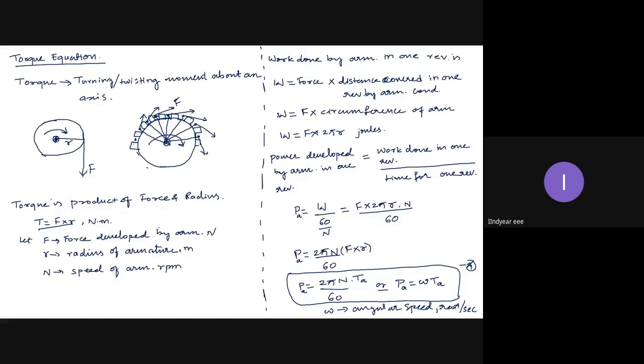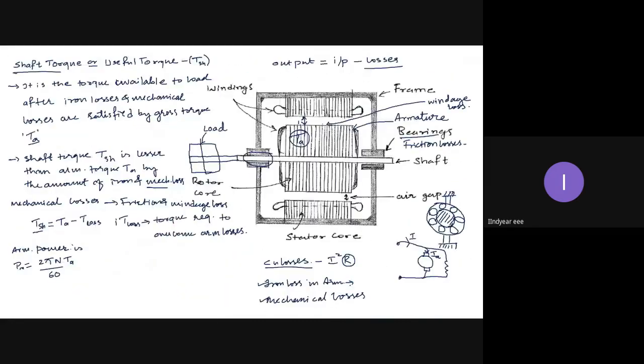Similarly, I can write TA is equals to 60 by 2 pi into PA by n.